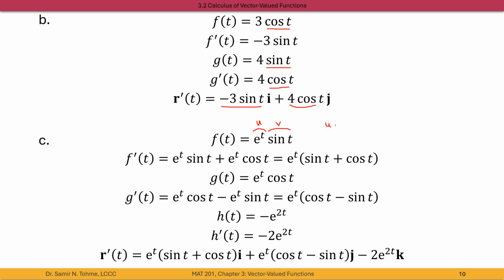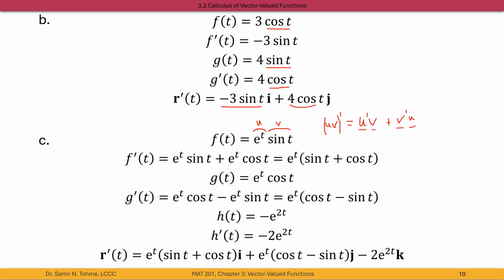So let's recall this idea, the derivative of u times v is equal to u prime v plus v prime u, which means we do the derivative of u, then we multiply it by v, plus now the derivative of v times u.